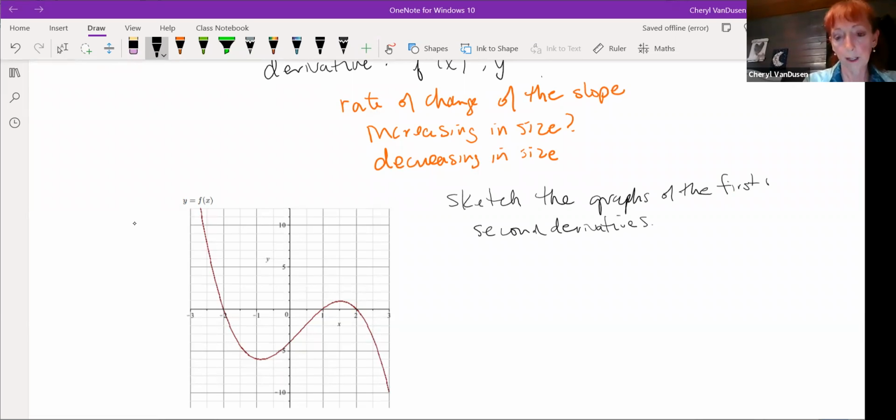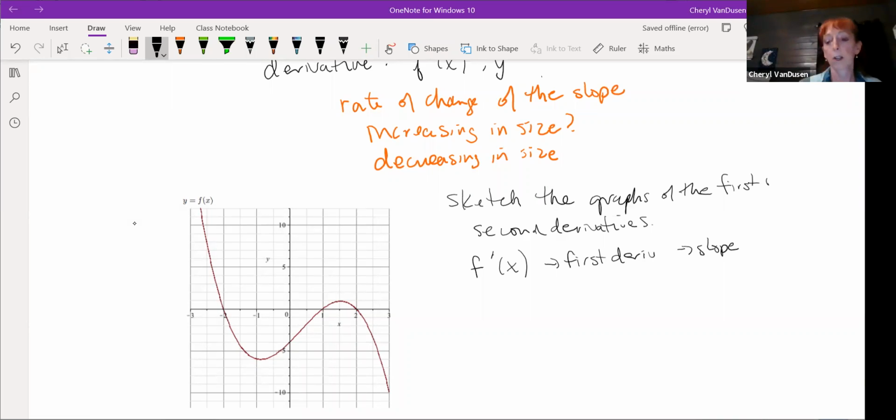So remember, f prime of x, the first derivative, is the slope. We'll just talk about that first. I won't put the second one. It's the slope at the point.